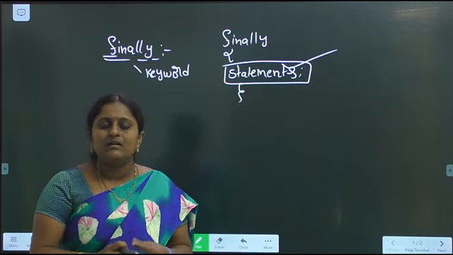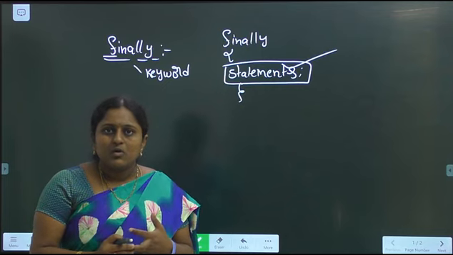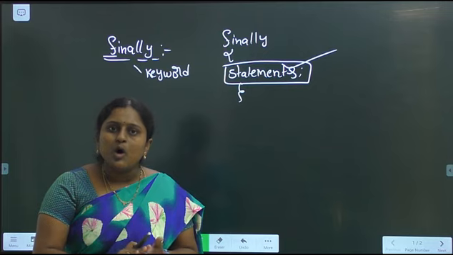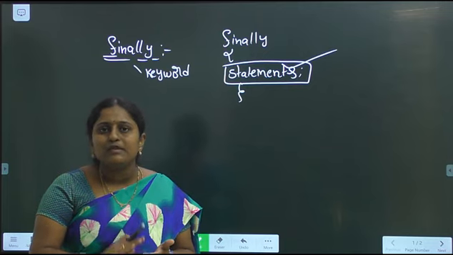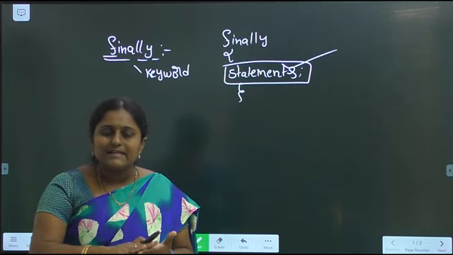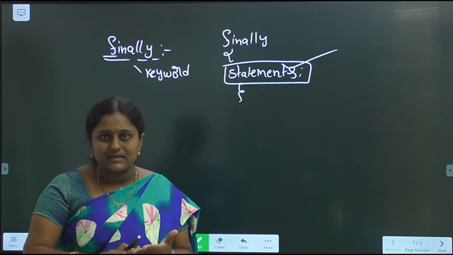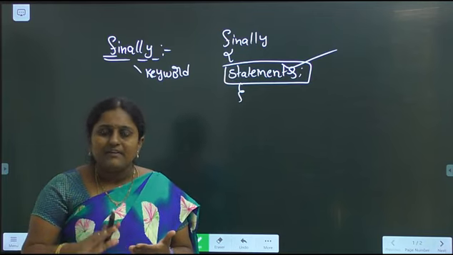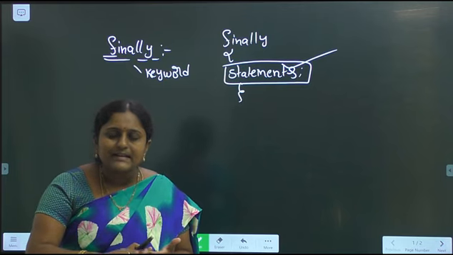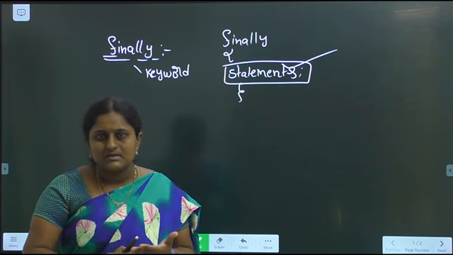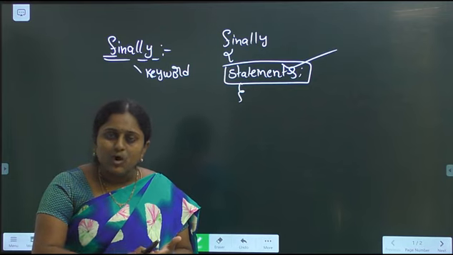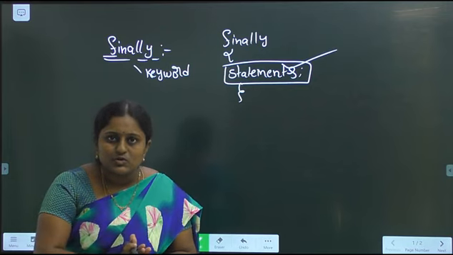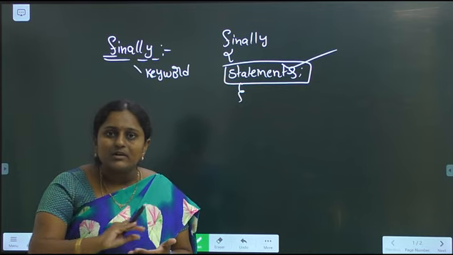But why do we need the finally block? The finally block is always executed irrespective of the exceptions. If an exception occurs, or if an exception does not occur, the finally block is always executed. The try block is executed if an exception did not occur.